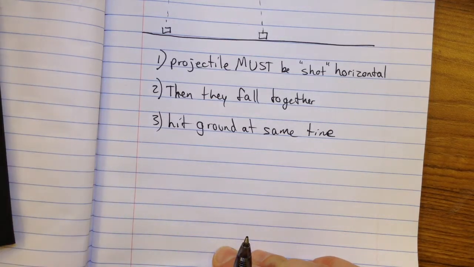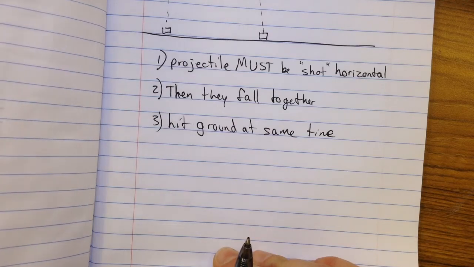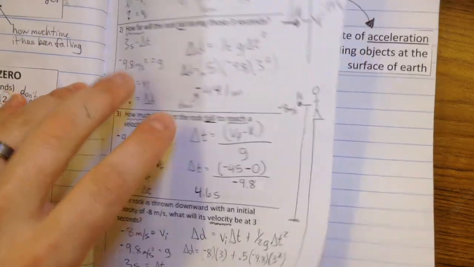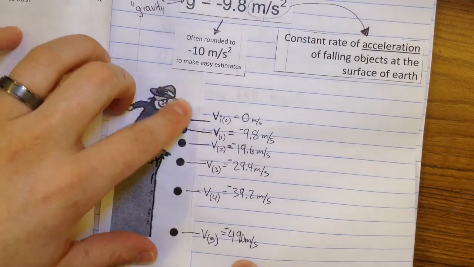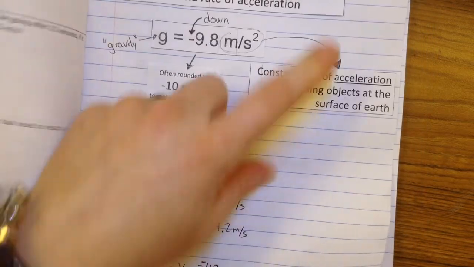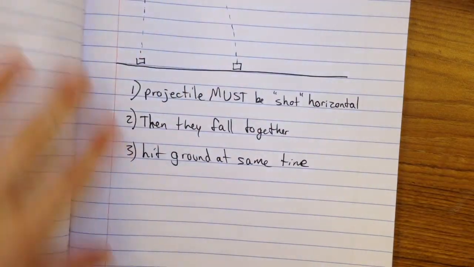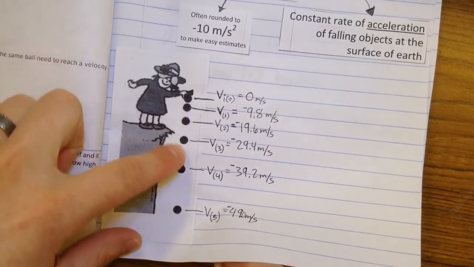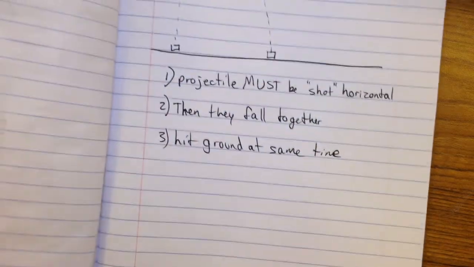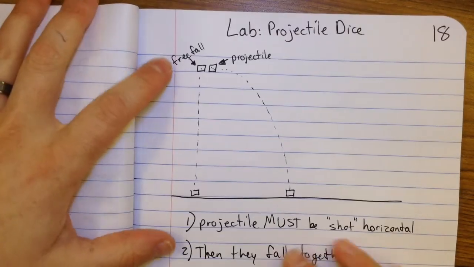We've talked about free fall: as it falls, the object accelerates. If you look at that picture from before, this is what it looks like when an object accelerates.